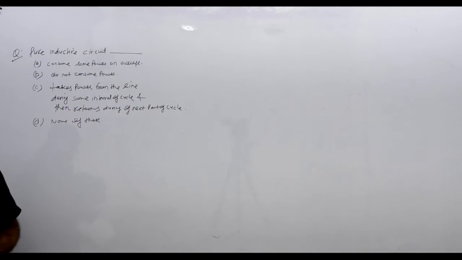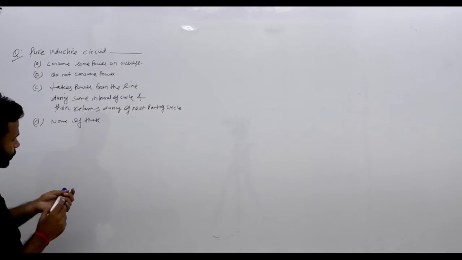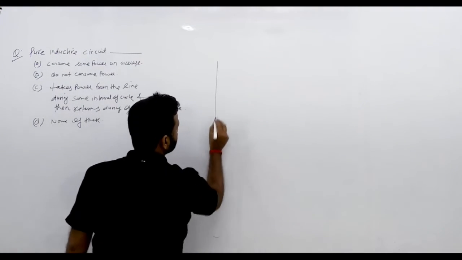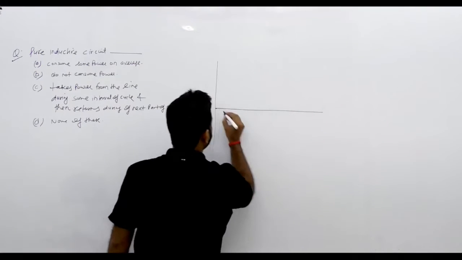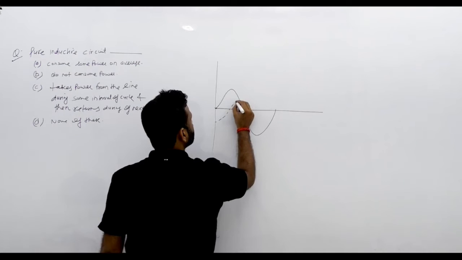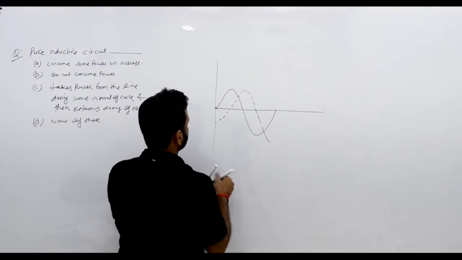So we have the next question, इंडक्टिव सर्किट में पावर से रिलेटेड क्या क्वेश्चन होता है. तो अगर आपको याद हो हमने एक डायग्राम बनाया था. Voltage, then we have current diagram like that, and we have also the power diagram.